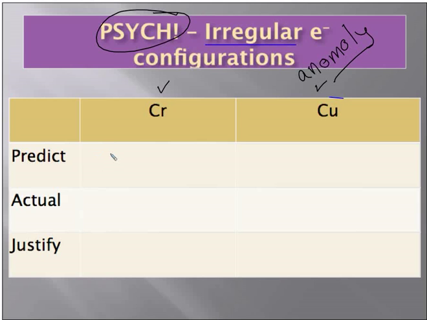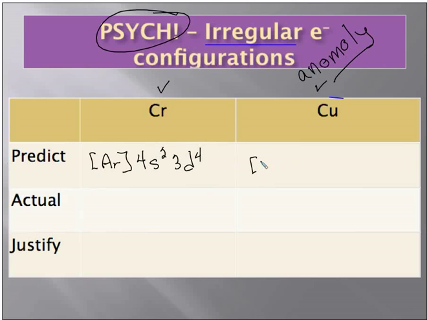And we predicted for chromium that it would be 4s2. Let me do the shorthand notation just for the sake of time. We go to the previous noble gas, which is argon. So we'd predict that it would be argon, 4s2, 3d4. Now, for copper, it's very similar, but it's towards the end.